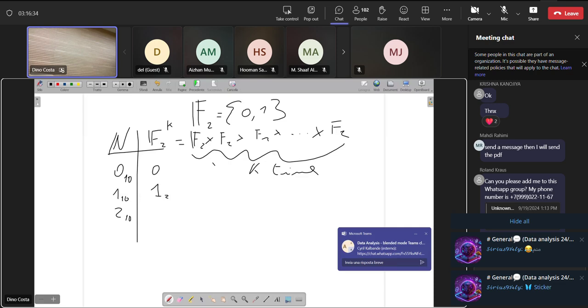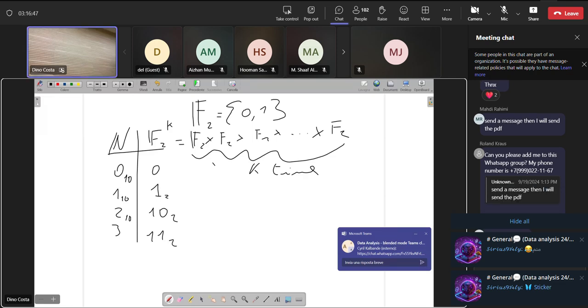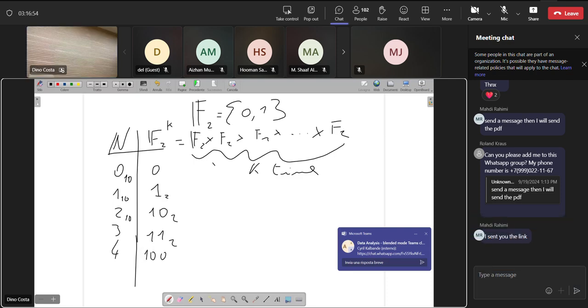What is 2 in base 2? 1, 0. Perfect. Then we have 3: 1, 1. Then 4: 1, 0, 0. Okay? It's clear for all. So we can represent from base 10 in base 2 without any problem.